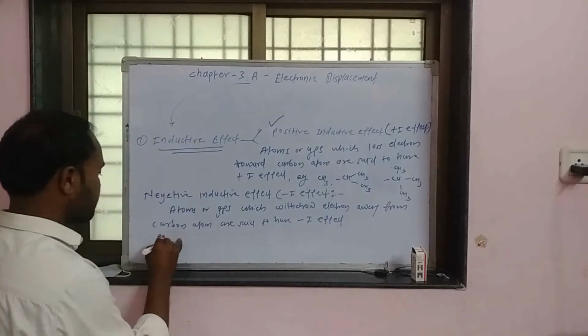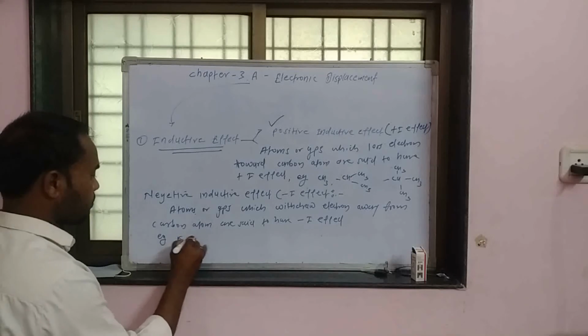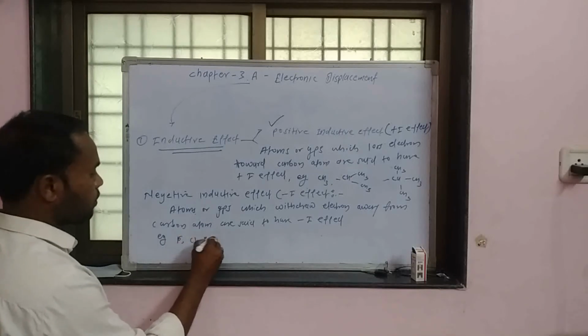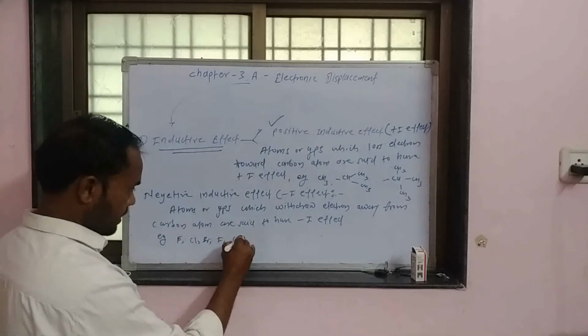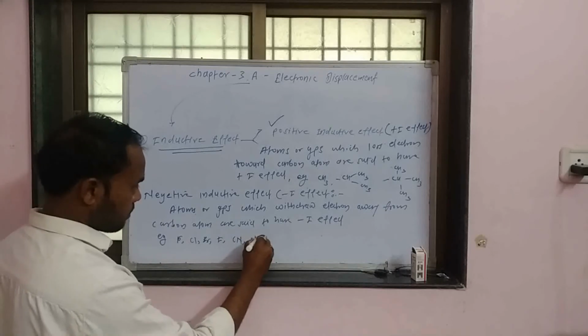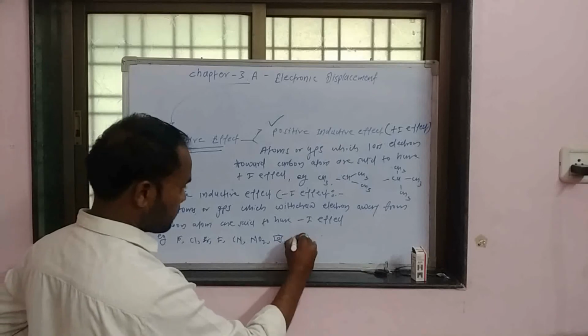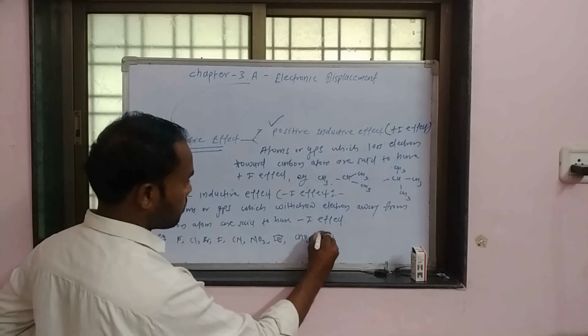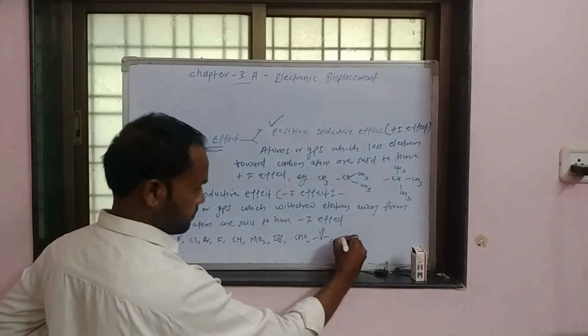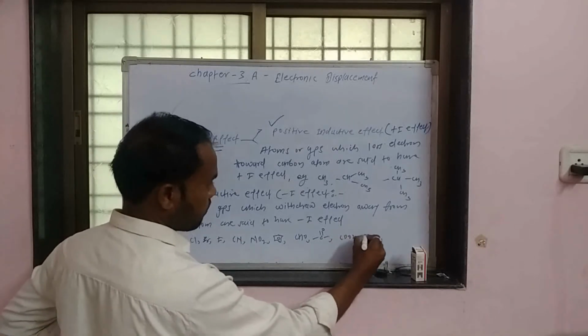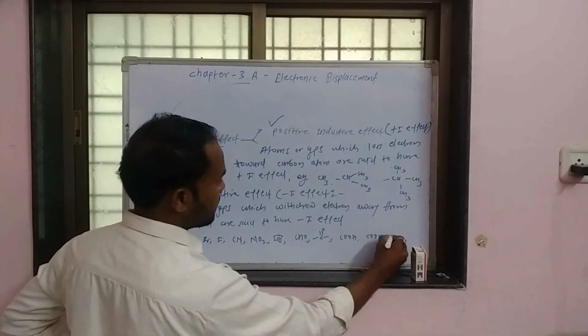For example, chlorine, bromine, iodine, cyanide, nitro groups, benzene group, all carbonyl groups, aldehydes, ketones, acid, ester groups, etc.